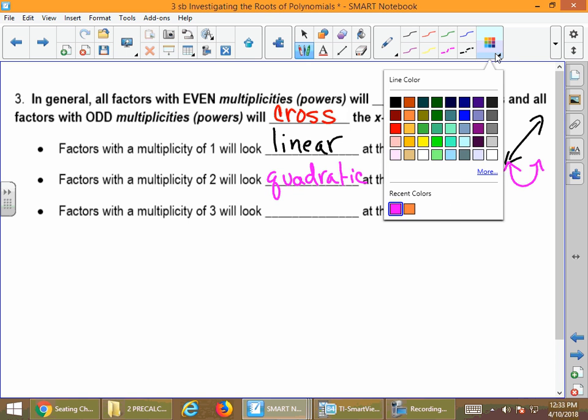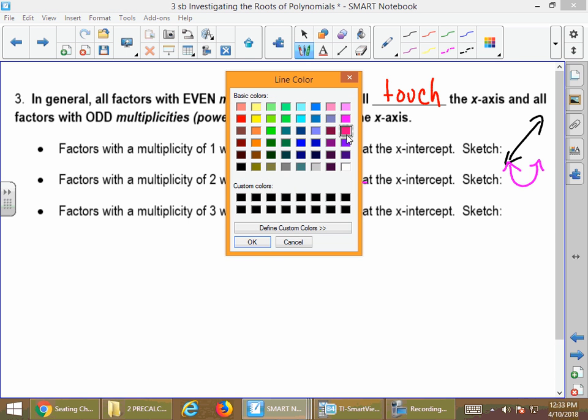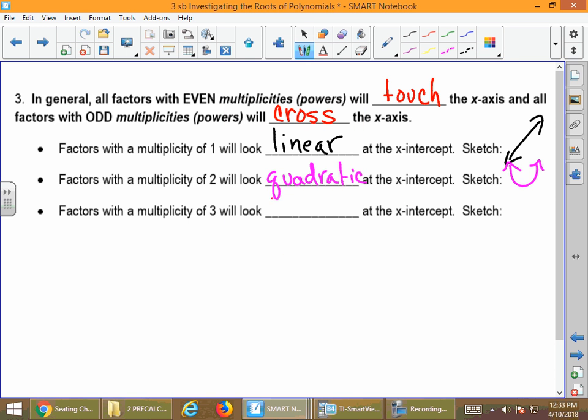And factors with a multiplicity of 3 will look cubic at the x-intercept. And we looked at the graph in our previous notes of a cubic function. It looks like that, back to the parent function of a cubic. And if you're curious, on your calculator you can just type in y equals x cubed and look at it. It'll be a little bit more precise picture than what I have.